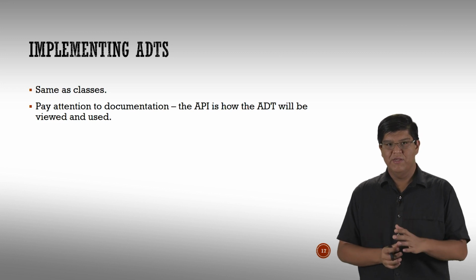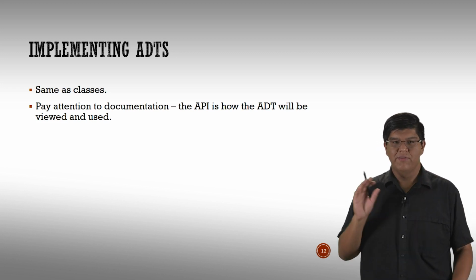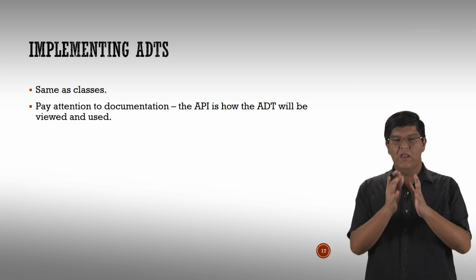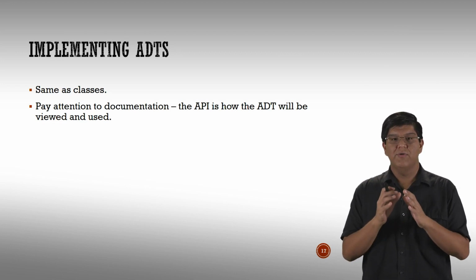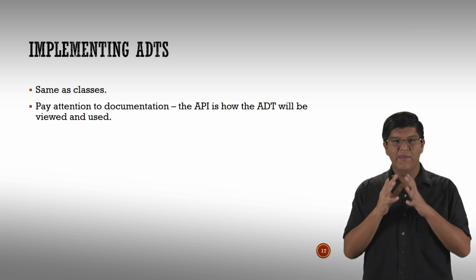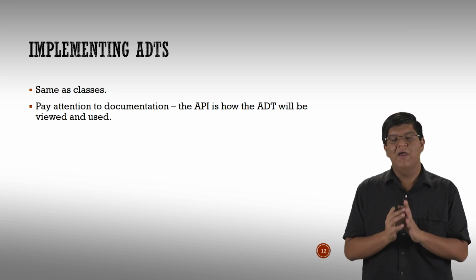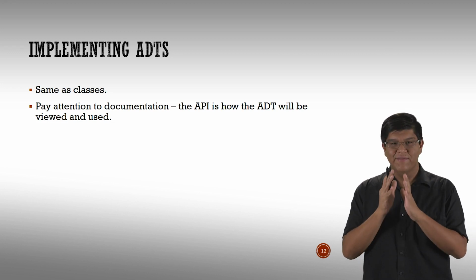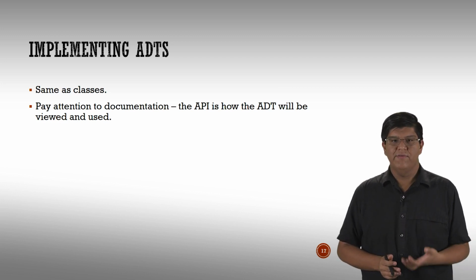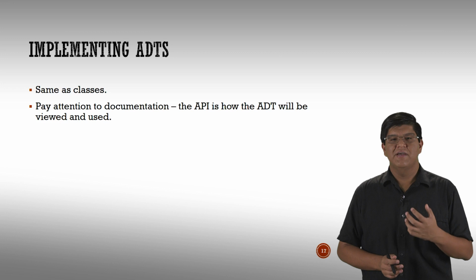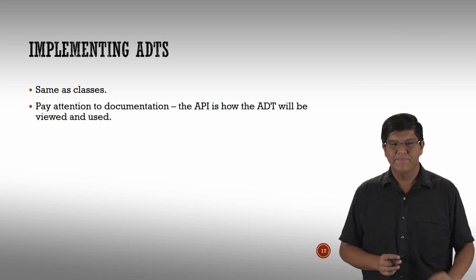The documentation goes to both the person who uses it and the person who implements it. It's the only common language between you. So as an implementer, you need to make sure that you are implementing exactly what the API says. The API says do X, you do X. You don't do X prime, you do X itself. You have to do this very specifically because somebody else only has the documentation to go off of. That documentation is listing the behavior that they expect.